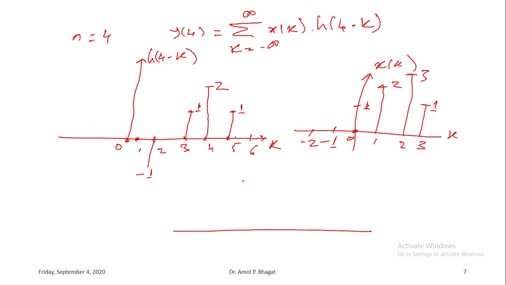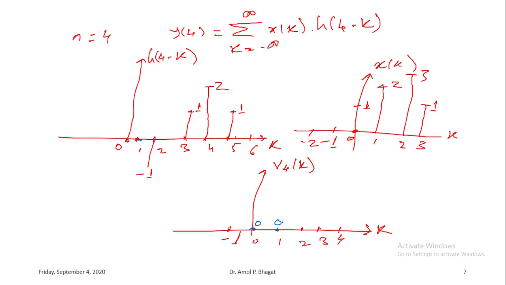Again I will multiply these two sequences, and represent this result as v4 of k, right? So it will be 0 1 2 3 4 -1, okay? So when I plot this multiplication result on the graph, at 0 no value is there, right? So 0 will be there. After multiplication at 1 also, no value, right? So 0 will be there.